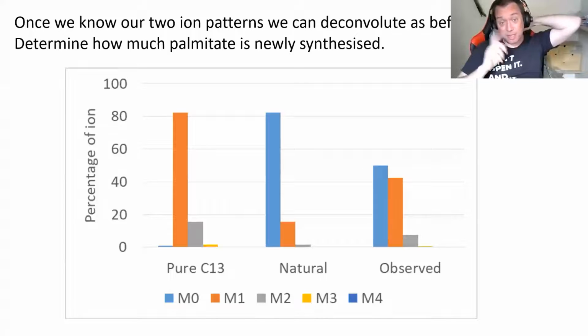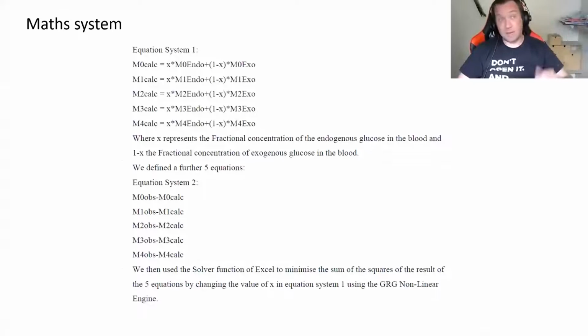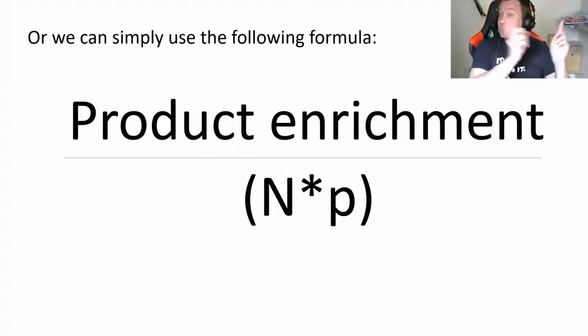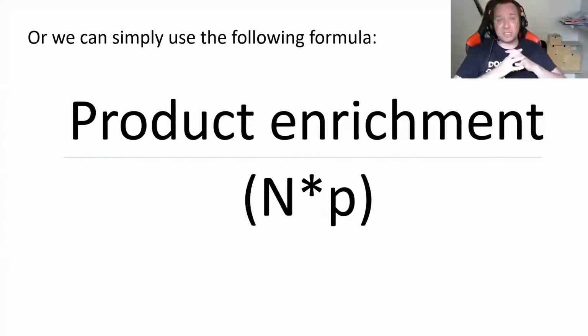It's the same thing we did earlier with the 1-13C palmitate to separate the 1-13C signal from the natural signal. So we can use the math system, or we can simply use the following equation, which is the one quoted in the literature, which is product enrichment.